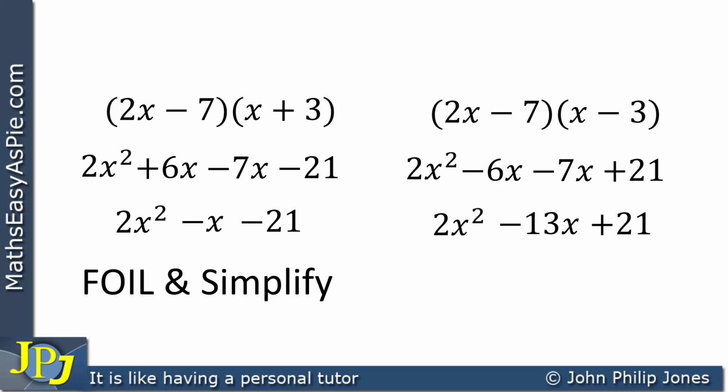You then bring down the 2x squared and the plus 21, and that is the expansion of the brackets. And you can see here I use the FOIL method as a memory aid, and I've also then simplified by looking at the like terms and processing them as appropriate.